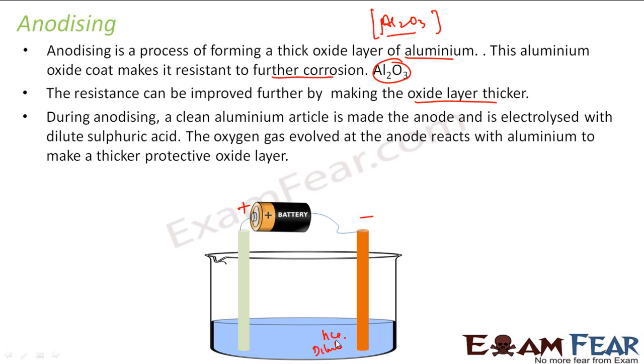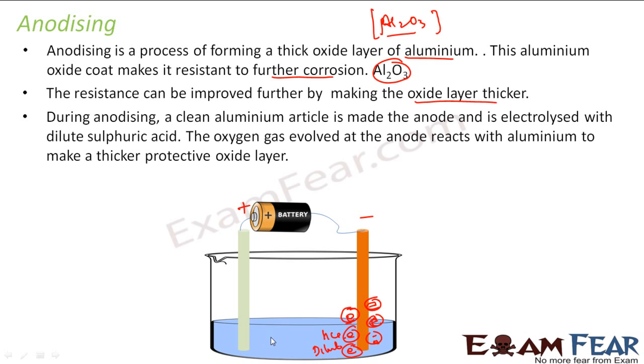Since it is dilute HCl, there is a lot of water in this. So this one will give positive, this one will give negative. Electrons will come from here, and we will have a lot of electrons here because it is negative.